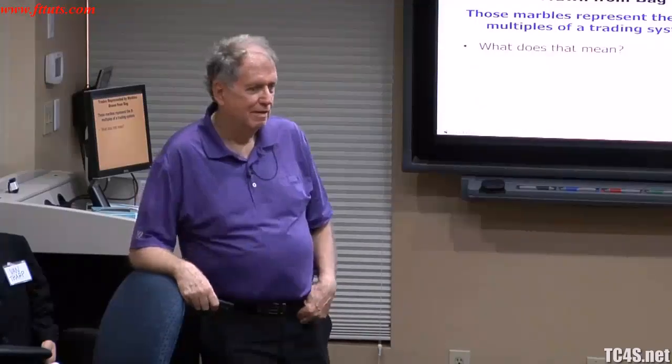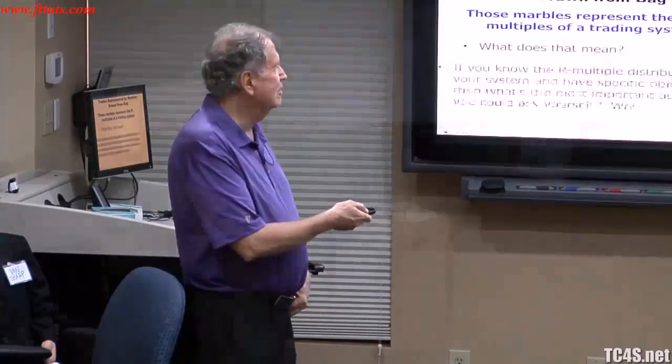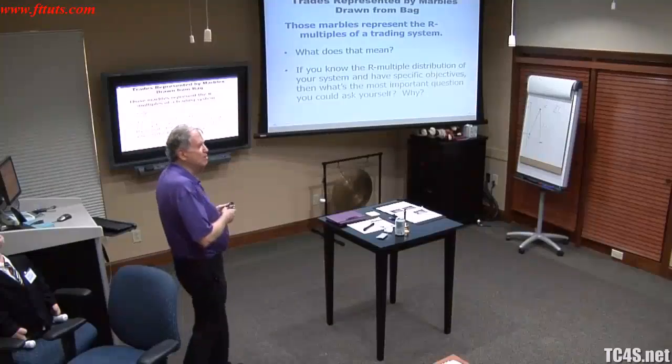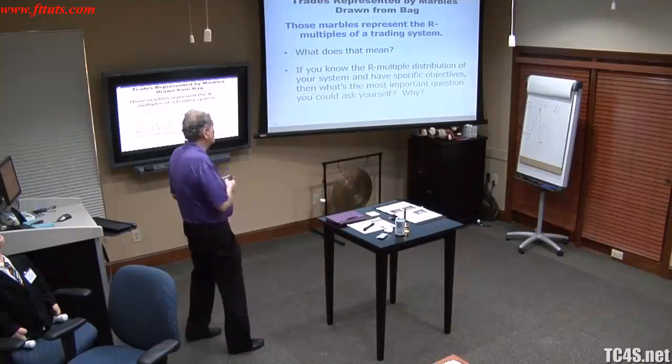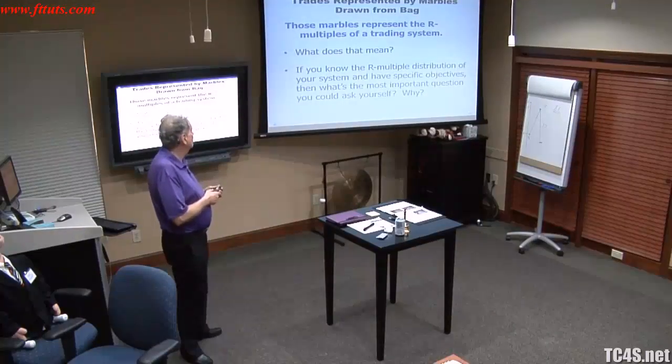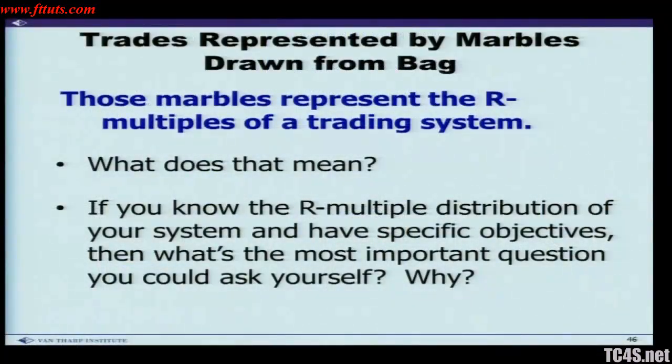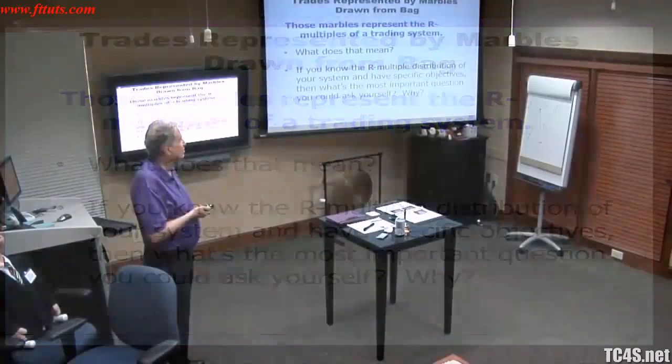And it means a few other things. If you know the R multiple distribution of your system, you know the payoff of each one and you know the probabilities of each one, which is more than you ever know for your system. You just have a sample. But here you have the whole distribution.